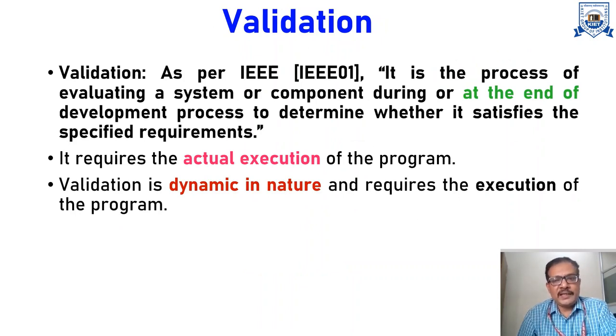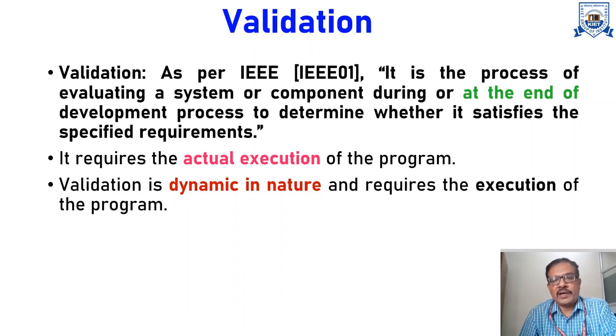If we look at validation, as per IEEE, it is the process of evaluating a system or component during or at the end of the development process to determine whether it satisfies the specified requirements. So validation requires the actual execution of the program. Validation is dynamic in nature and requires the execution of the program.